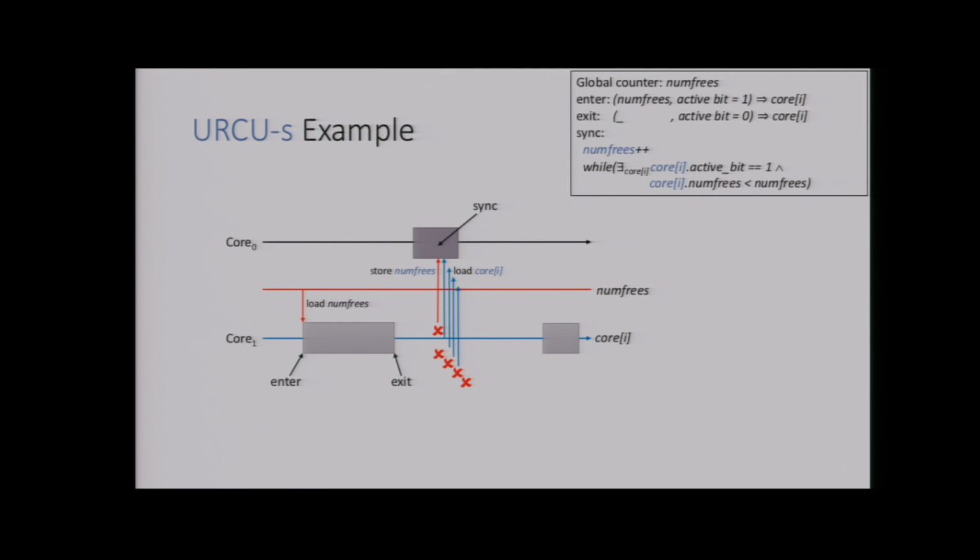Storing to num_freed is probably going to invalidate all of the other copies of num_freed in all of the other caches throughout the system. And we're going to iterate through all of the thread-local data structures for the other threads on the system, which is going to take all of those wonderful cache lines that were local in their caches and move them over here, probably into a shared state. So that has O(n) overhead. There are n cache lines bouncing around.